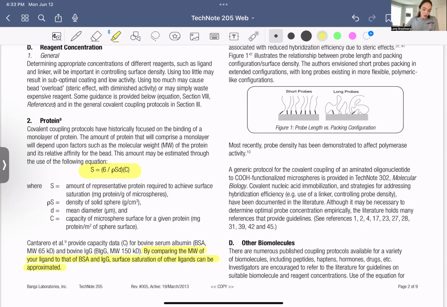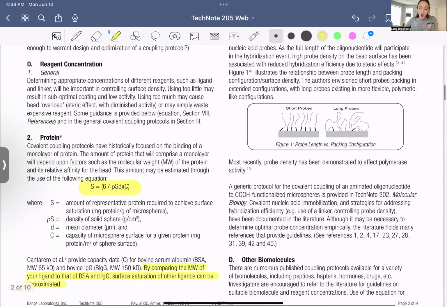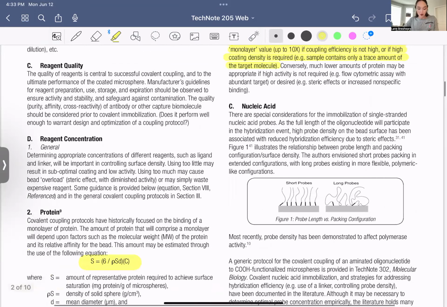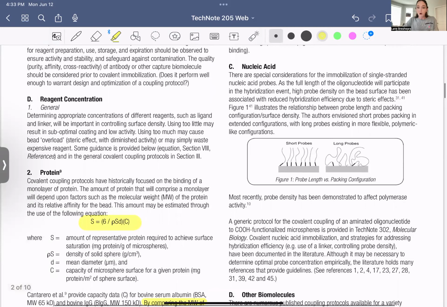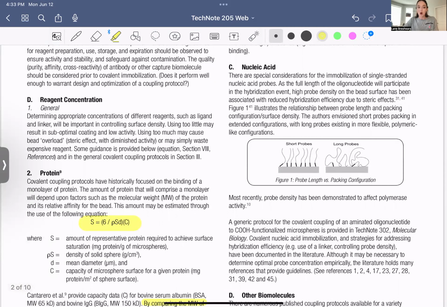Yeah. So reagent concentration. This is where we left off. This is an important thing to consider because it's all about quantity. How much are you adding into your mixture in order to get the best results? So if you think about it, you have your microsphere and they have a number of binding sites available on the surface of that microsphere.